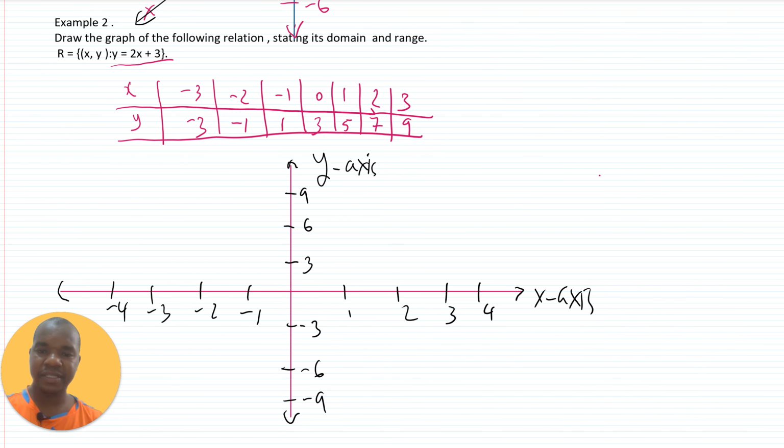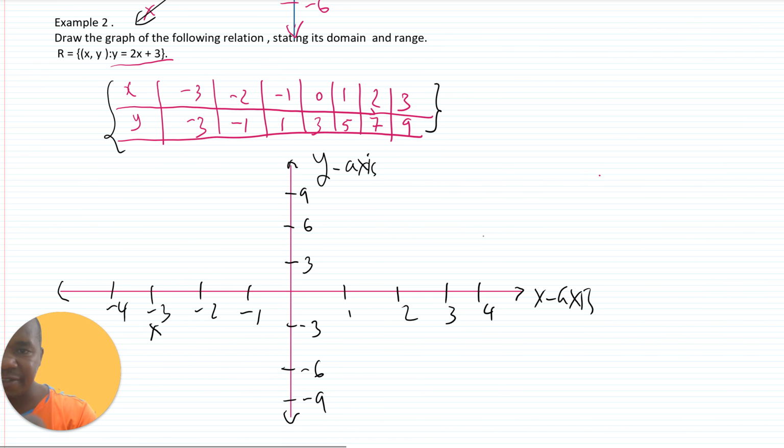From the values we obtained from the table of values, we have the point -3, -3, there it is. Then -2, -1 is going to be somewhere there.